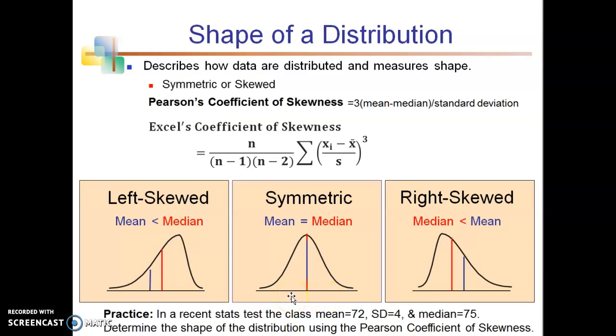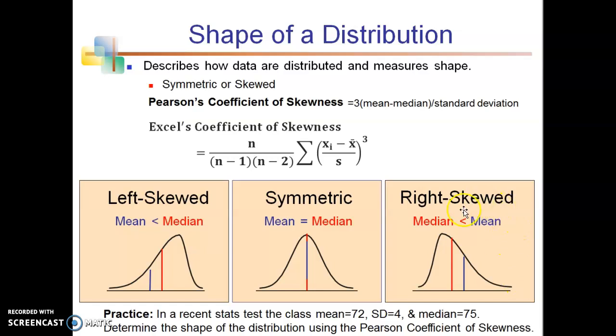Now, the alternative to a symmetric distribution is a skewed distribution, and it could be right skewed or left skewed. A right skewed distribution occurs when the mean is higher than the median. Okay, you can see that here. And this is likely to happen if you have outliers on the high end of the data set.